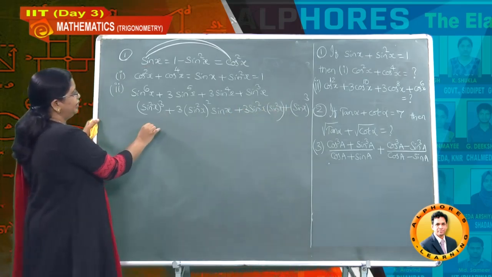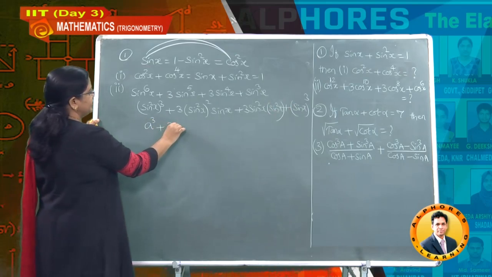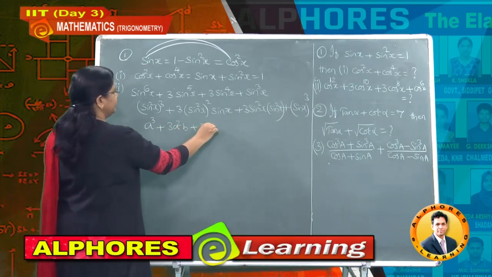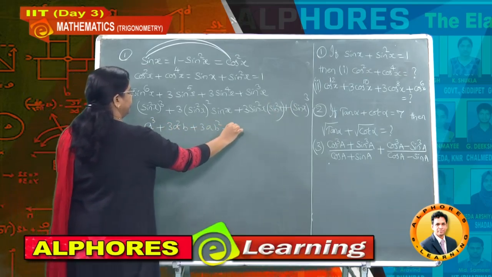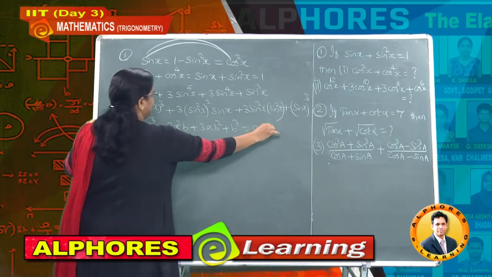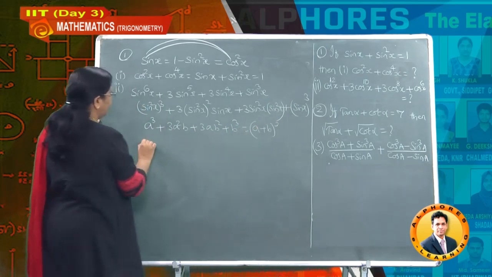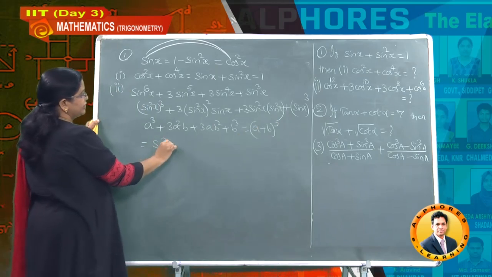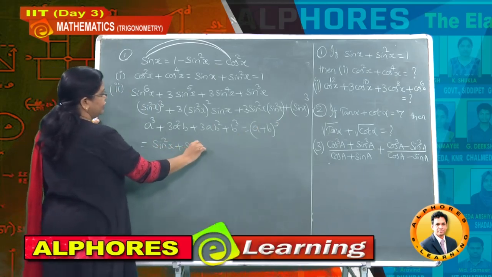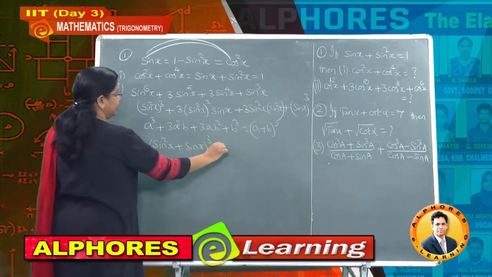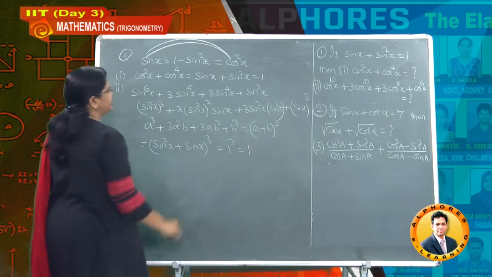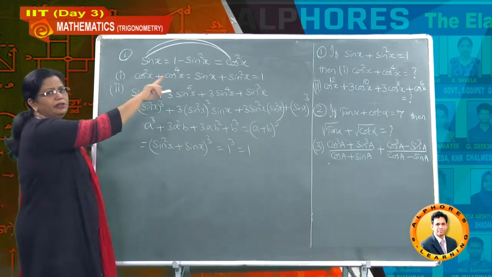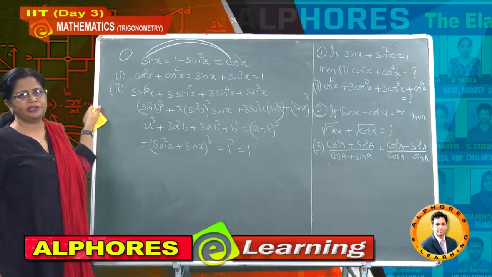So finally you got a cube plus 3a square b plus 3ab square plus b cube, and that is a plus b whole cube. Hence now in this problem we got sin square x plus sin x whole cube, and this is nothing but equal to 1 cube, and hence it is 1 from the given condition sin x plus sin square x equal to 1.